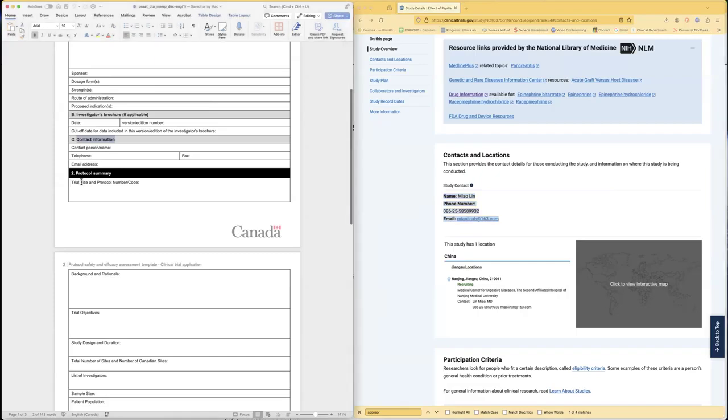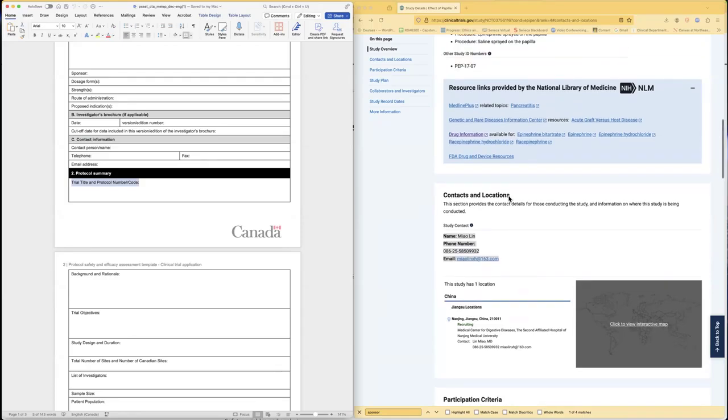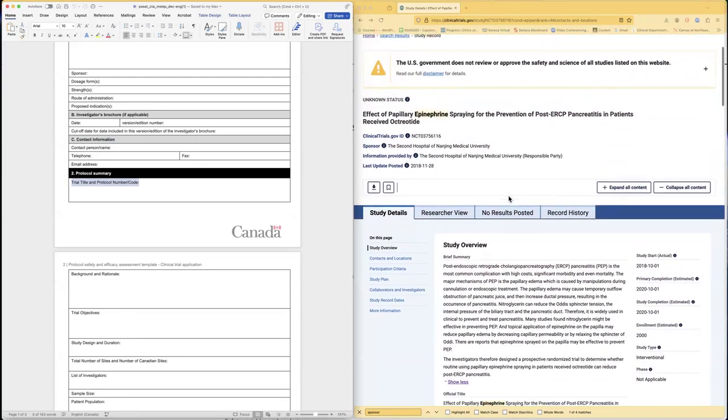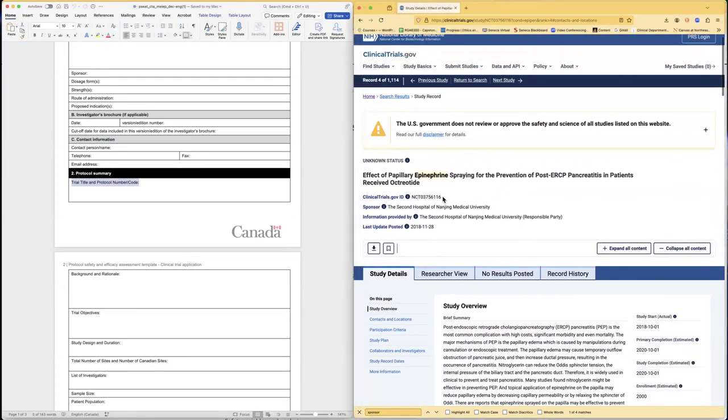Now, the clinical trial title and the protocol number or code is always given on the top. So we have the code which is here. When you are submitting the synopsis of a clinical trial protocol to the clinicaltrials.gov website, it will automatically give you a protocol number or code.